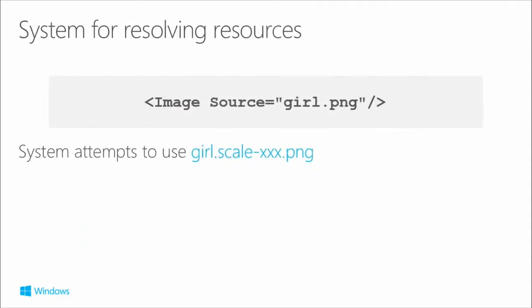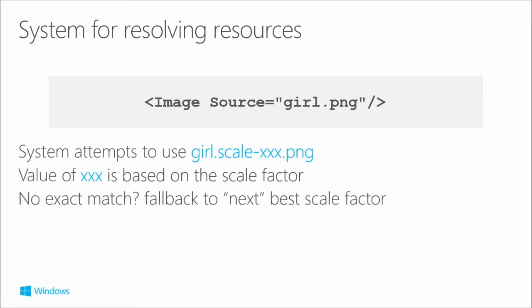And so we have a system for resolving resources. If we set the image to a particular source, the system attempts to find that image name along with a scale dash number. The value of that number is based on the scale factor that we were talking about earlier. If it doesn't find an exact match, it's going to fall back to the next best scale factor.